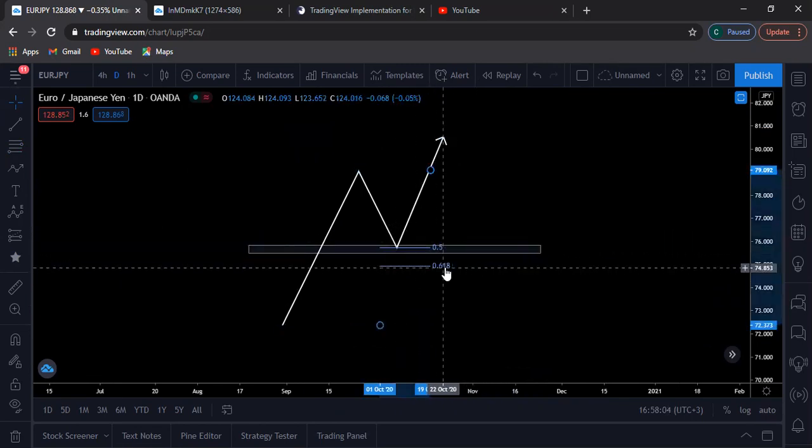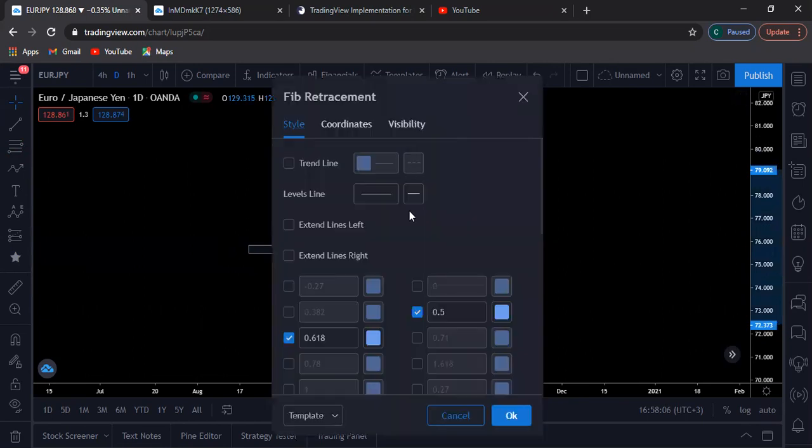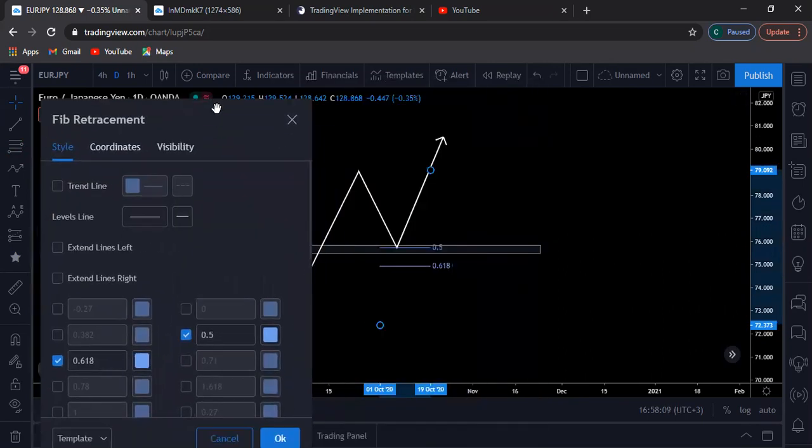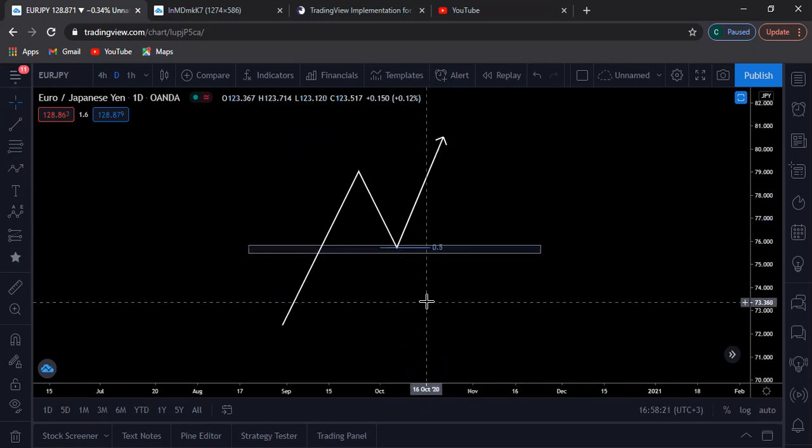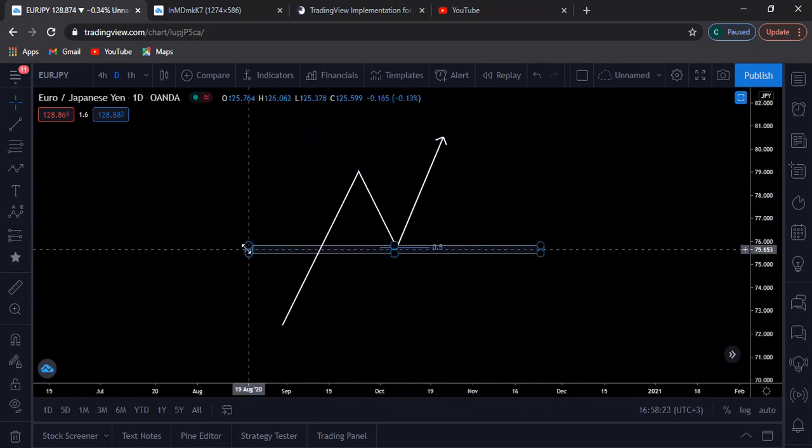So that means this 0.61 won't be of use anymore, because the 0.5 is actually the one that confluences with this zone. So even though the 0.618 is actually another strong golden key level, I'm going to remove it and leave the 0.5, because this is the place in which it confluences with the zone.